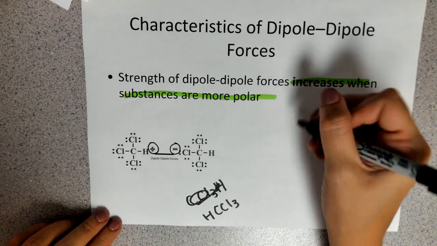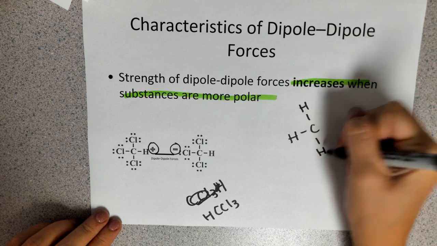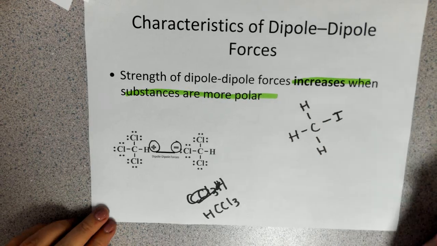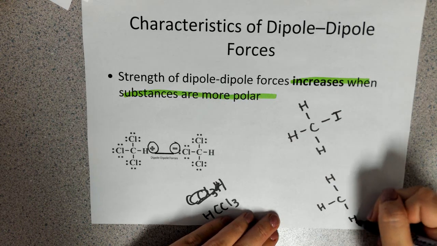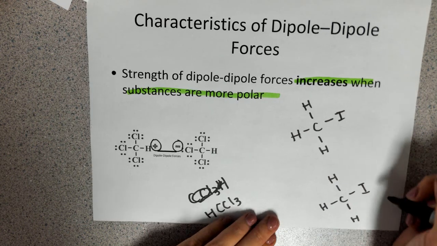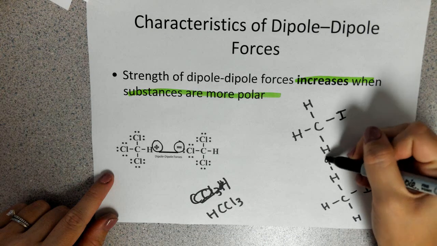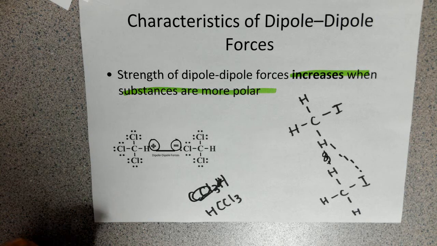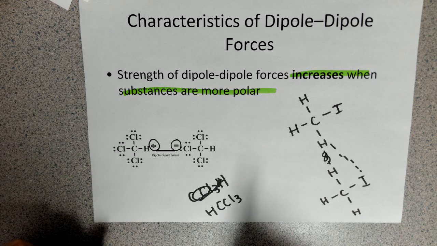Now, let's say I had this molecule, CH3I, and I wanted to know which would have the stronger dipole-dipole force: the one with the 3 chlorines or the one with the iodine?